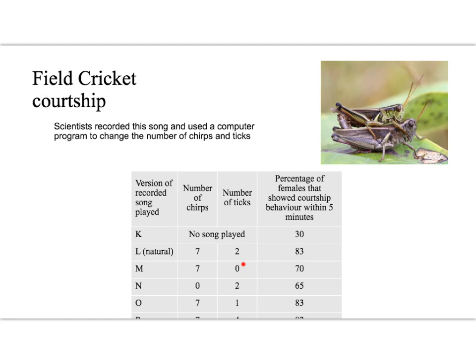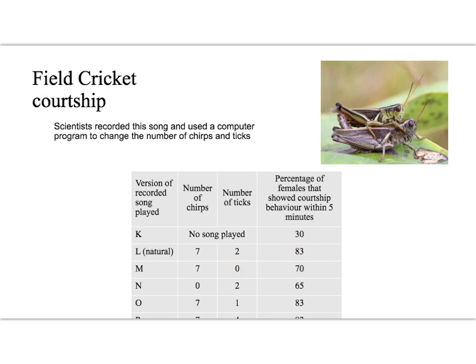With no ticks, you can see it's important because the number is reduced compared to the natural song, but it's not essential because still quite a large proportion are mating. This also shows that chirps are more important than ticks in the song because there is a lower proportion that mated when there were no chirps compared to with no ticks.